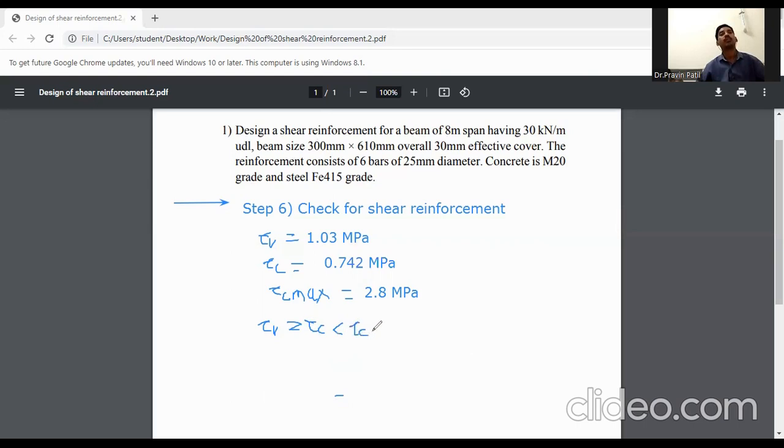If this condition holds, then design for shear reinforcement is required.